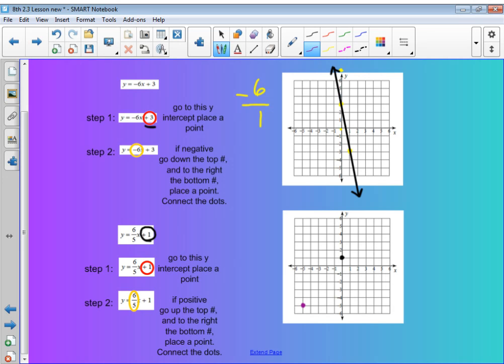Okay, if I had gone up into the right, you'll notice I'm one box past and then to the right 5. 1, 2, 3, 4, 5. It should fall somewhere in there. And that looks like it's pretty lined up. The problem is if I don't do a very good job of getting that, it's going to slightly throw my line off. So I'm going to go ahead and do my line between these two that I know for sure are right.